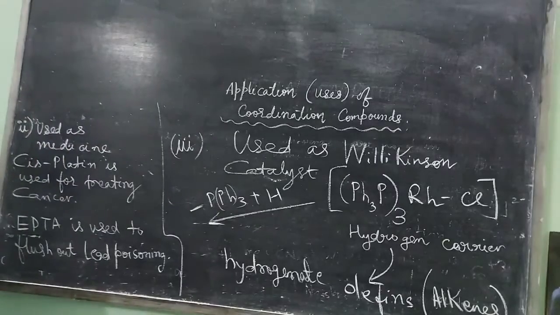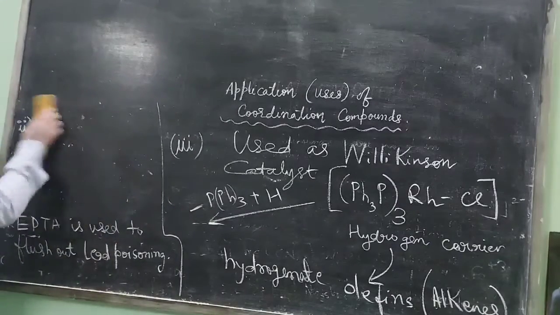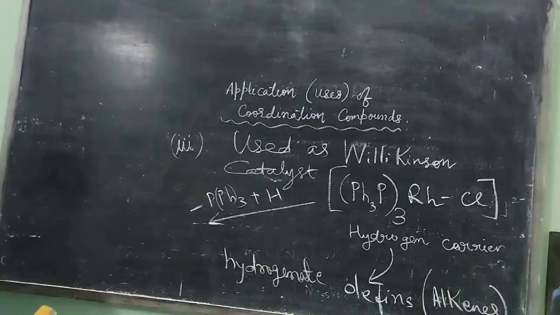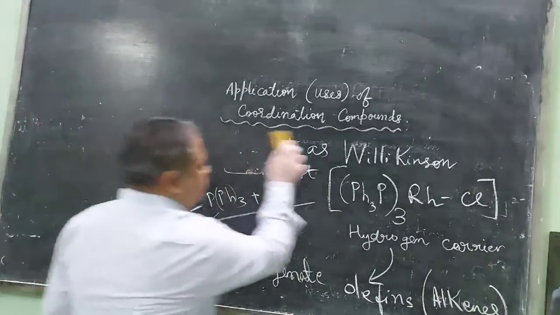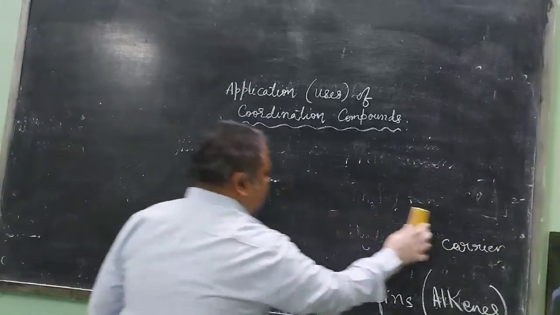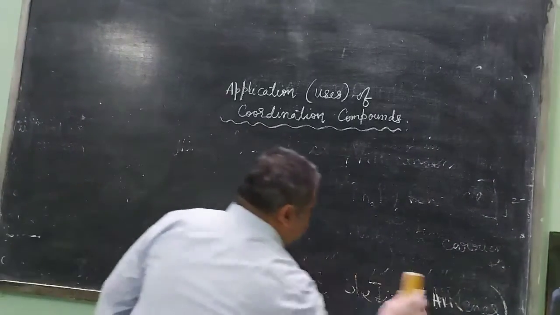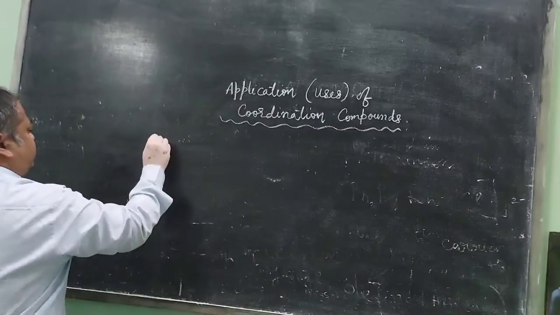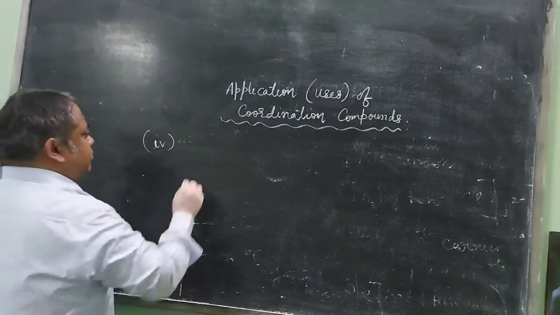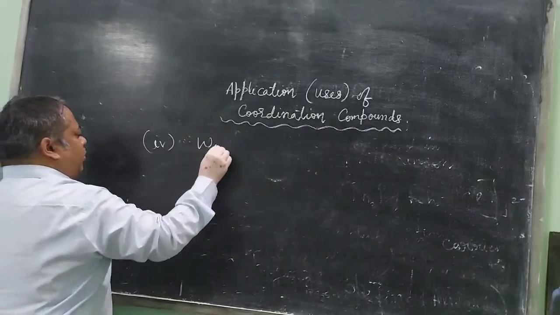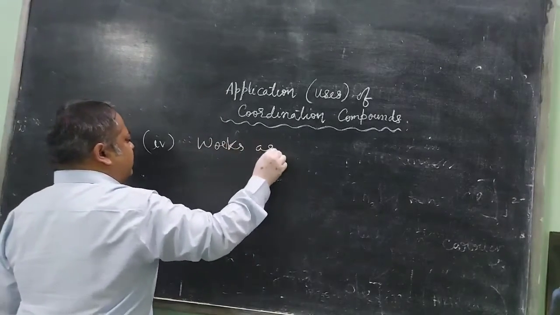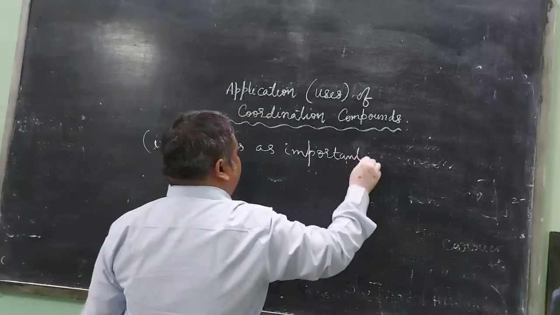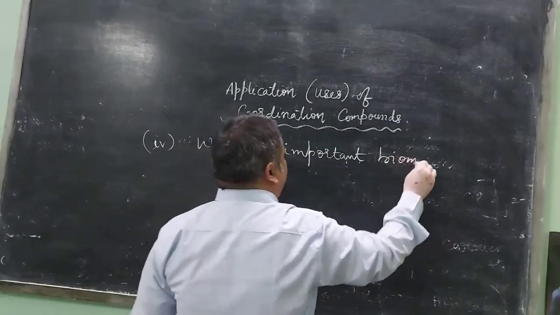What are the other uses? Complex compounds are seen in most of the biomolecules. In many important biomolecules it is seen. Works as important biomolecule.